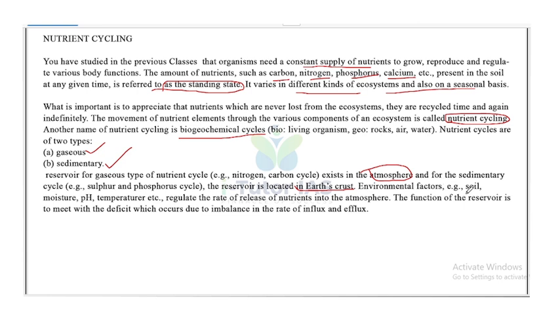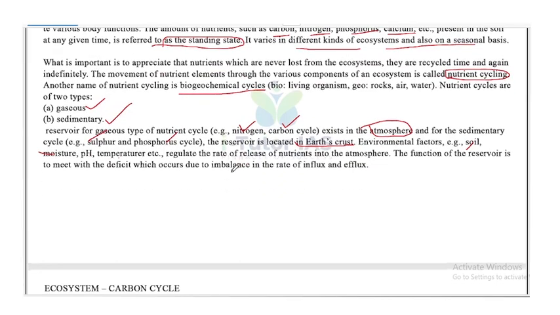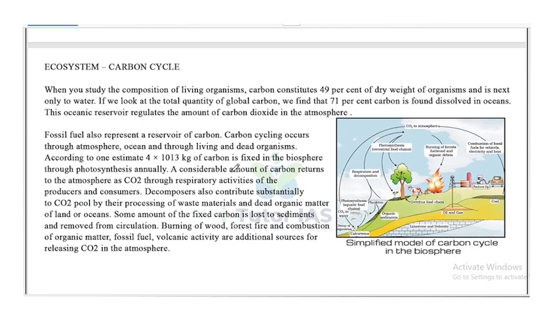Environmental factors such as soil moisture, pH, temperature, etc. also regulate the release of nutrients into the atmosphere. The function of the reservoir is to meet the deficit which occurs due to imbalance in the rate of influx and efflux. Examples of gaseous type of nutrient cycle are nitrogen and carbon cycle, while examples of sedimentary type are sulfur and phosphorus.